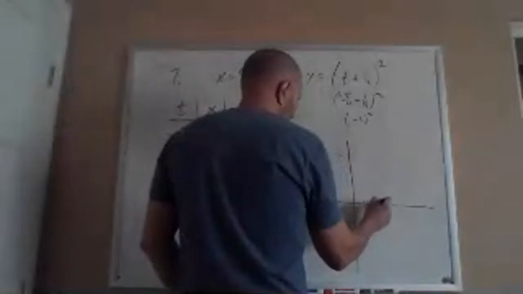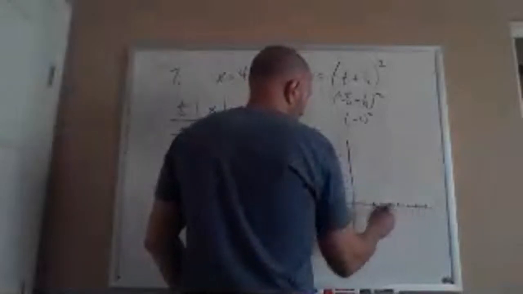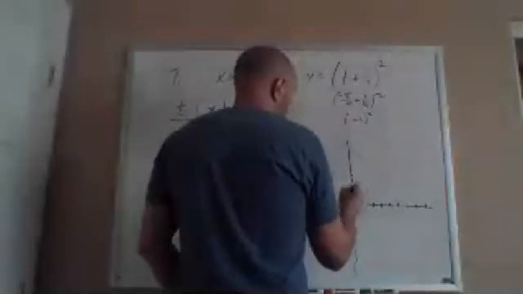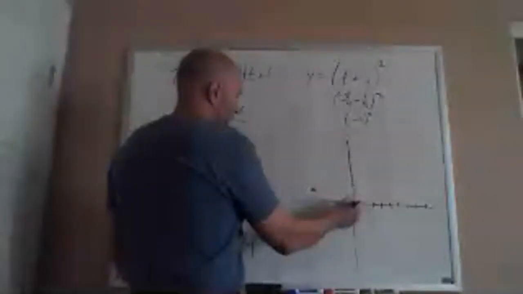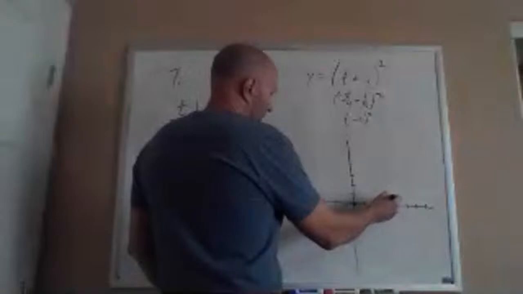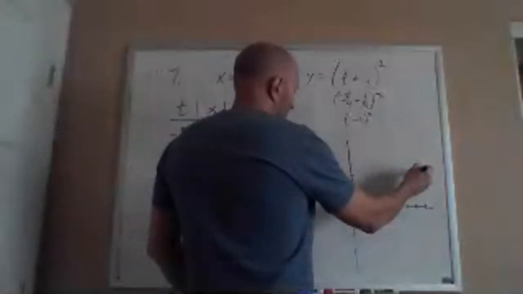So if I try to plot this, so we have -4, +1, 0, 0, 4, 1, and 8, 4.